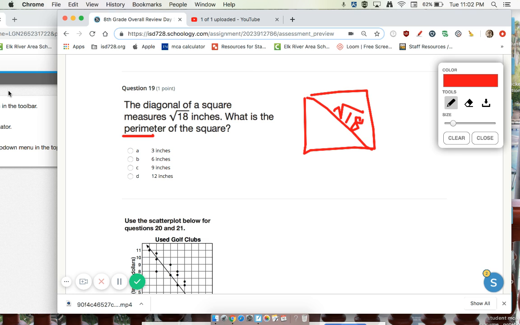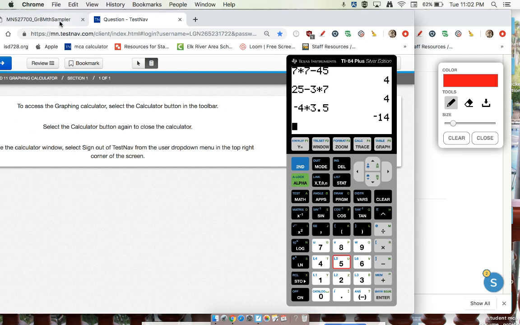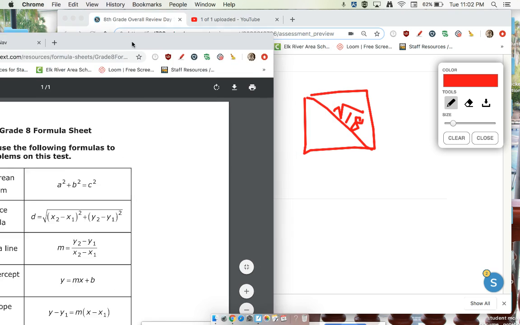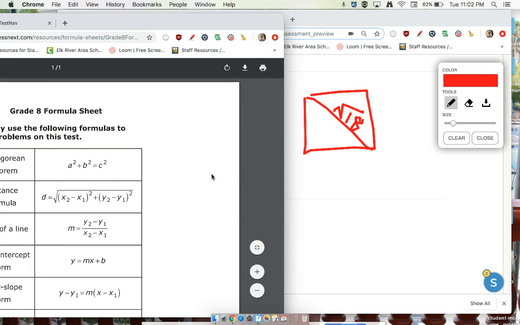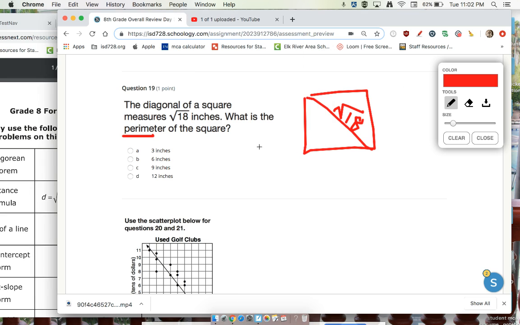So I'm just going to go back to our formula sheet. Pythagorean's theorem says a squared plus b squared is the c squared. So since it's a square, it's the same side, so I'm going to go ahead and call it x, and I'm going to make a 1 come out.